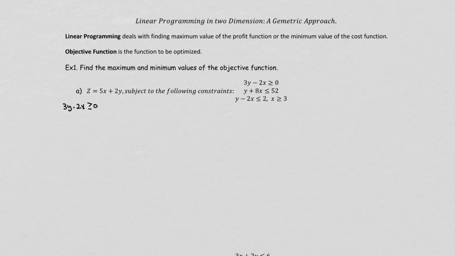So for y, we will have 3y is greater than or equal to 2x plus 0, where you don't need to write plus 0. When you divide both sides by 3, you will get y is greater than or equal to 2/3 x. So when you're graphing, you're going to have 0 as the y-intercept, and then 2 over 3, so go up 2 and move 3 will be the point.